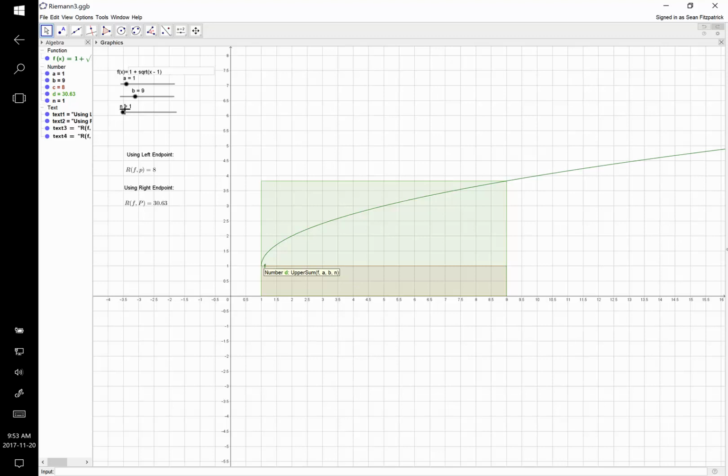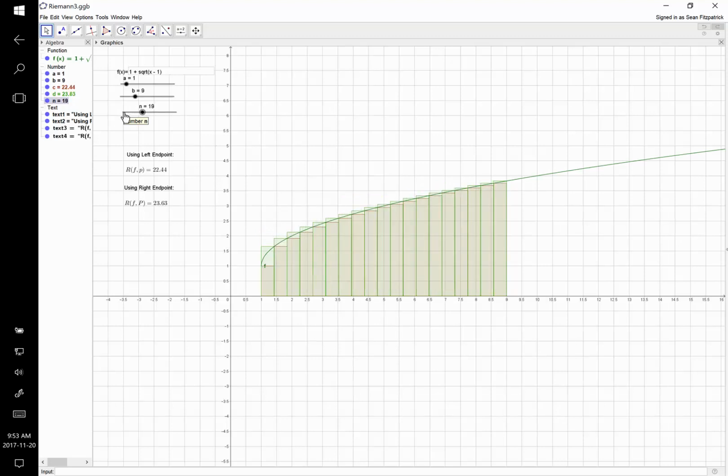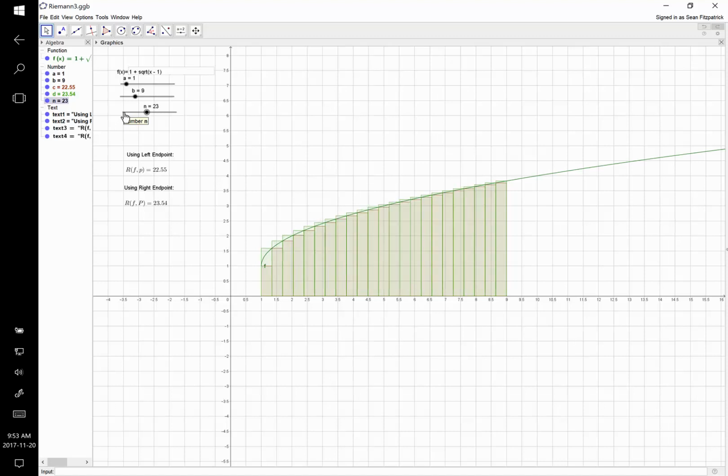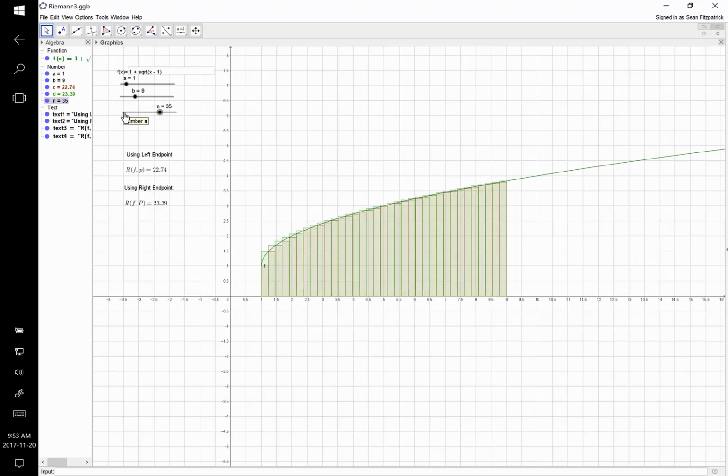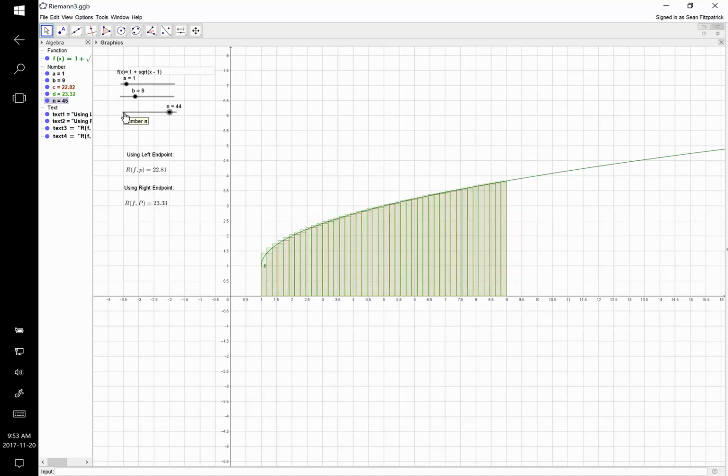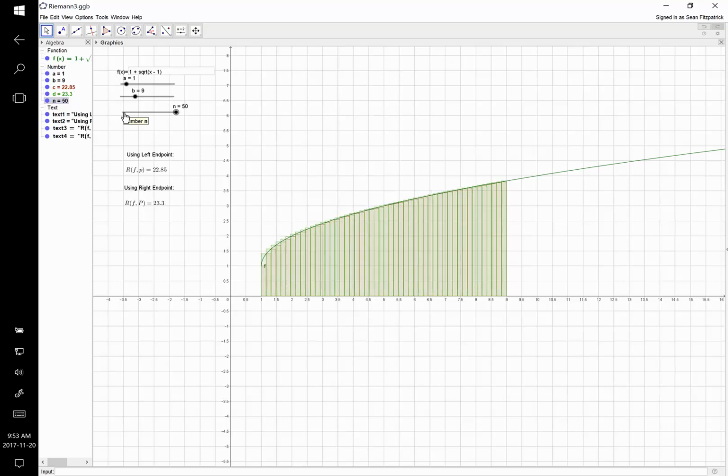But what we'll see is that as you start increasing the number of rectangles, this choice doesn't matter quite so much, right? As we keep increasing the number of rectangles, you see that the area we get using the left endpoint gets a lot closer to the area we get using the right endpoint, and the true area again lies somewhere in between, just like this trick of Archimedes. And you keep going, up to say 50 rectangles.